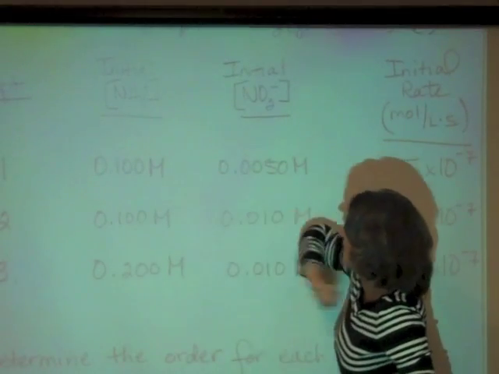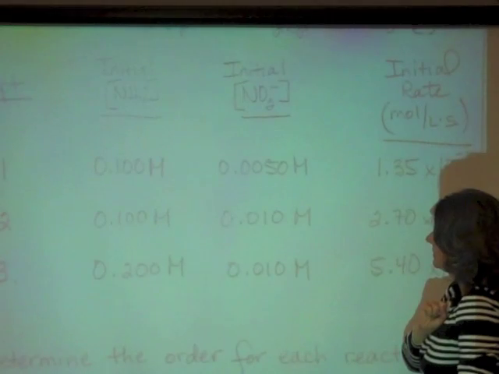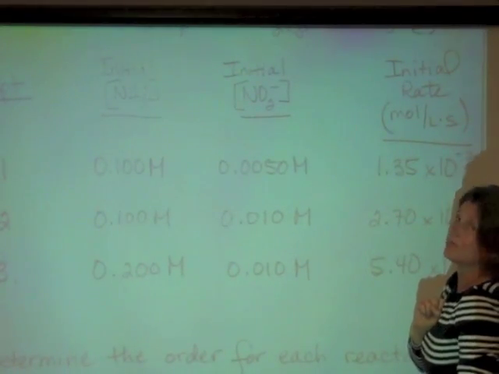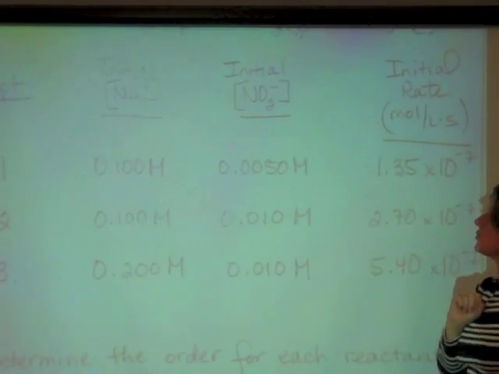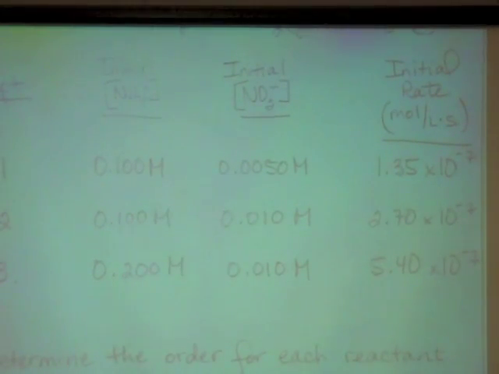I've kept this the same. What has happened to the concentration of the nitrite? It's doubled, right? Between these two experiments, if we double the concentration of nitrite and keep the ammonium constant, what happens to the rate? The rate doubles as well. And so we can deduce from that the order of nitrite in this reaction is 1. It's a first order reactant.